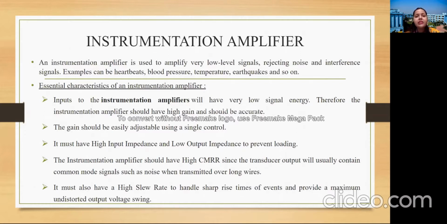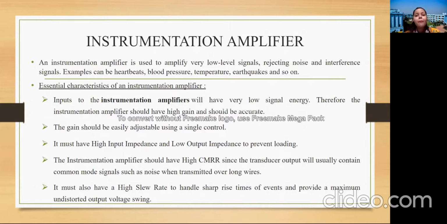See, in some cases, it's not mandatory that we are getting 230 volt or 440 volt or any three phase. Since we are dealing with electronic devices, we have to deal with very low signals, and those low signals may be in the millivolt or microvolt range.